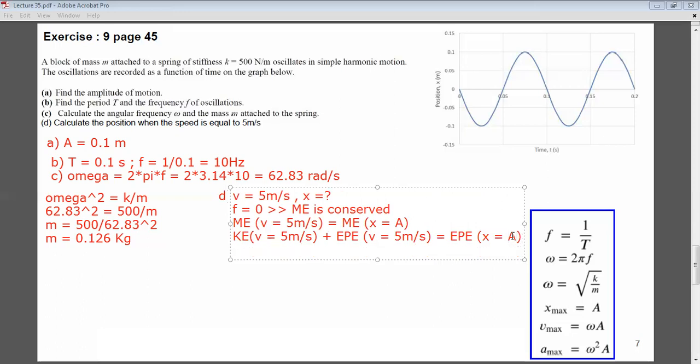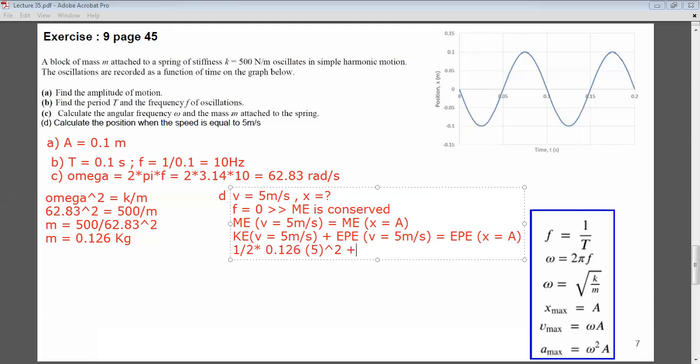Now, kinetic energy at v equal 5 meters per second is half m v squared, where v is 5 and m is 0.126, which I calculated in the previous part.